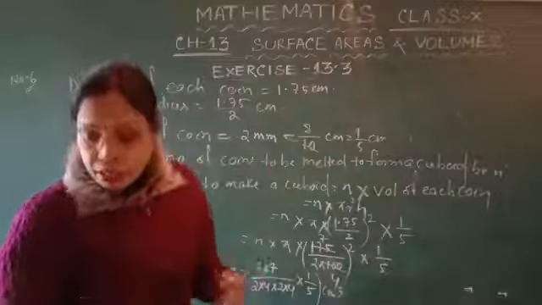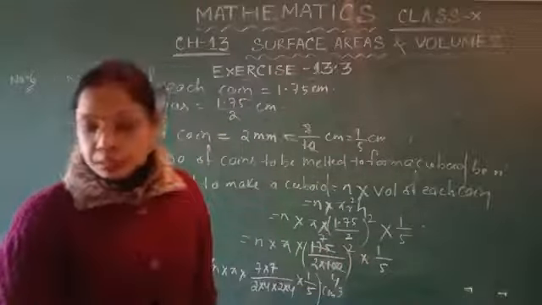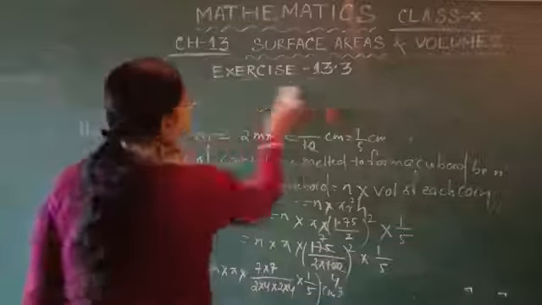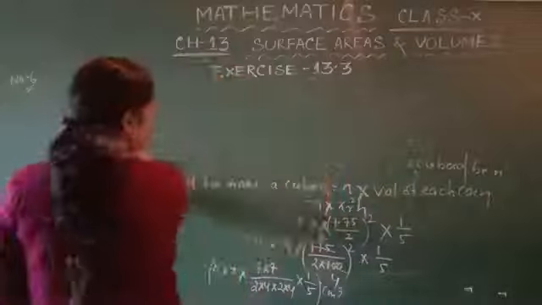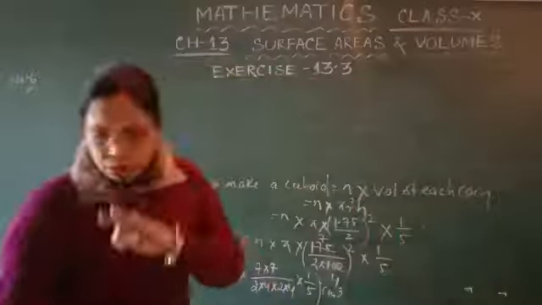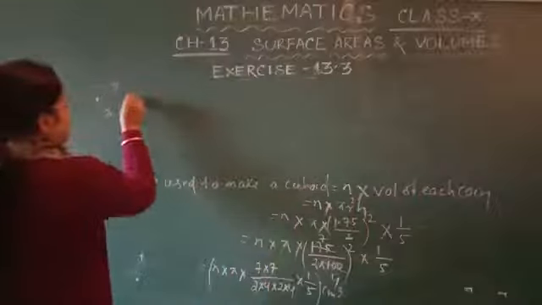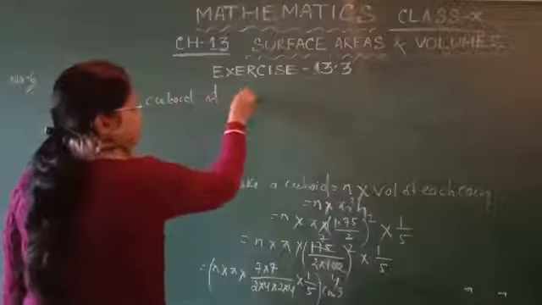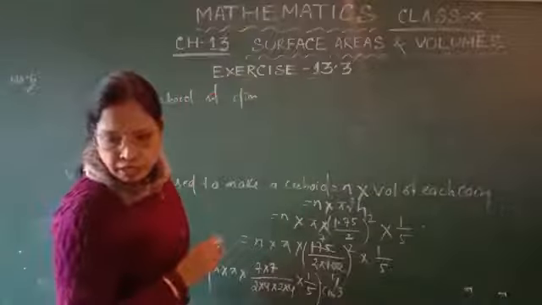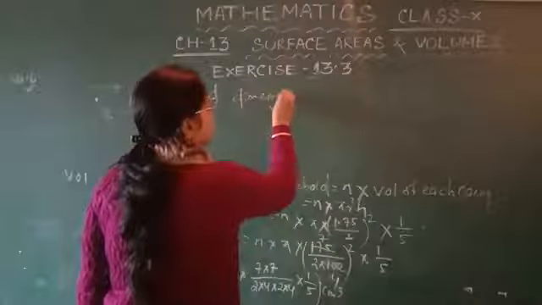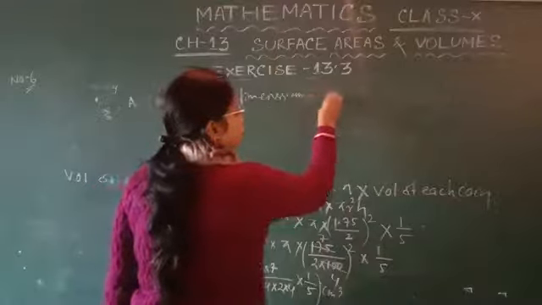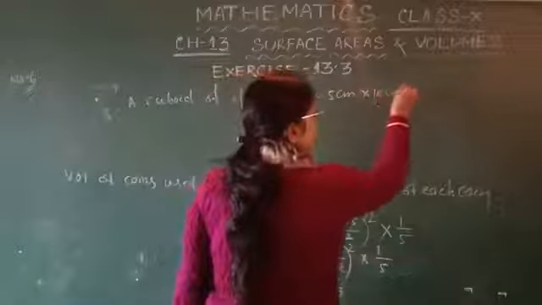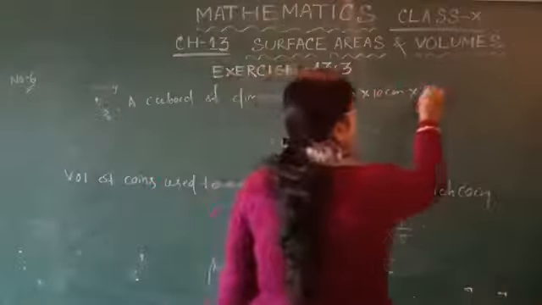Okay, then according to our question, the dimensions of the cuboid are also given. So here you write, a cuboid of dimensions 5.5 centimeter into 10 centimeter into 3.5 centimeter.